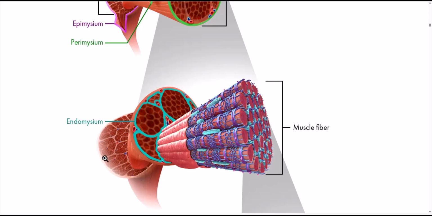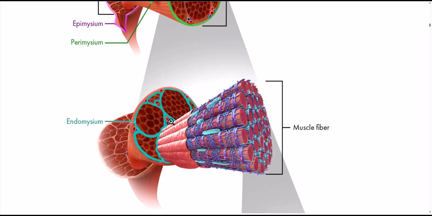This back here is the fascicle, and we see one cell pulled out here. This is the muscle fiber. We'll look at the cell here in a second. And this fuchsia teal color, that is the endomysium that is surrounding each and every individual cell.